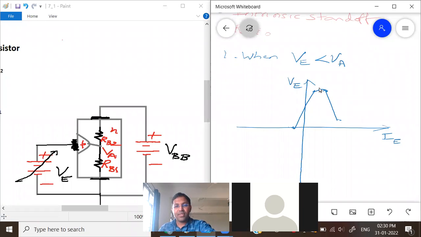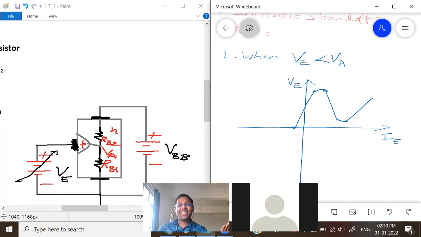So what is happening between this point and here? Although the current is increasing, the voltage reduces. Thereafter, after a certain point, when we keep on increasing the voltage, again the current will start to rise, and the characteristics will be like this. So when we gradually change this VE, the current changes from reverse bias to forward bias.